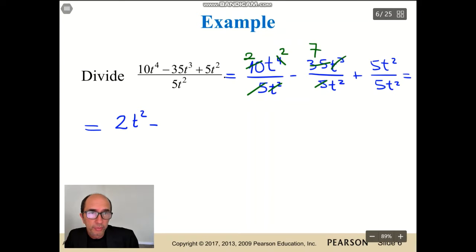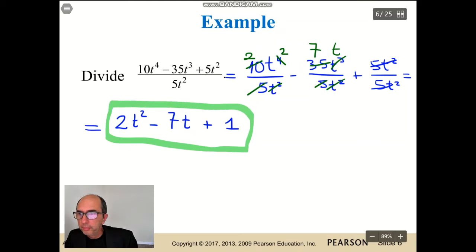T cubed simplified with t squared is just t. So writing down here, 7t. Plus, and of course 5t squared divided by 5t squared is 1. And this is the solution.